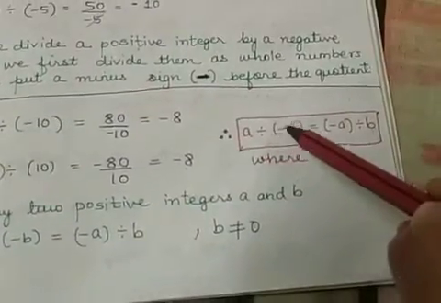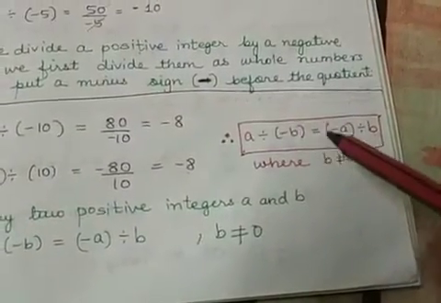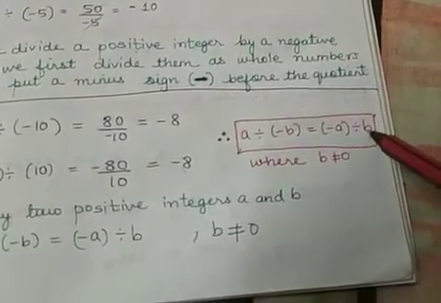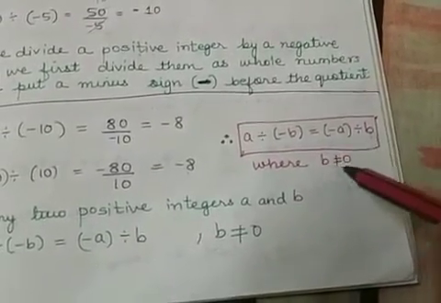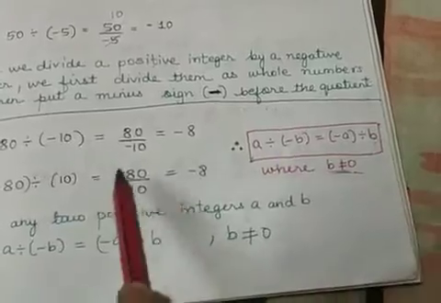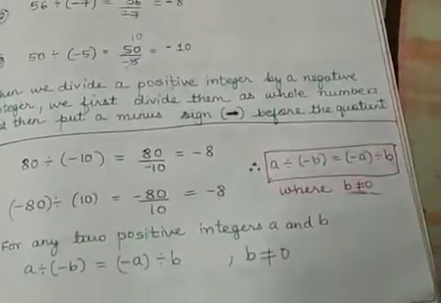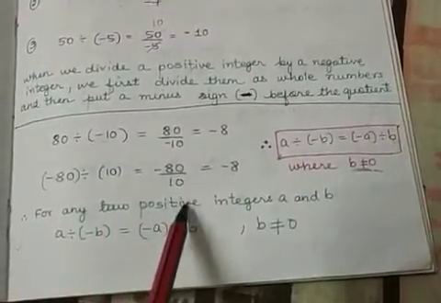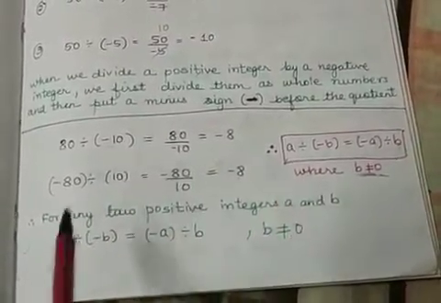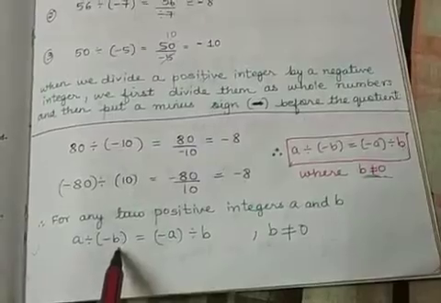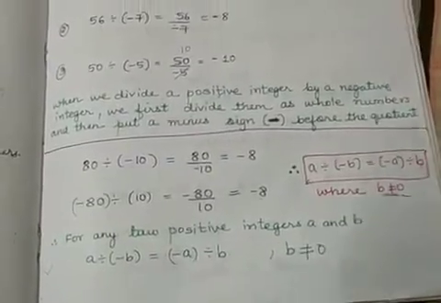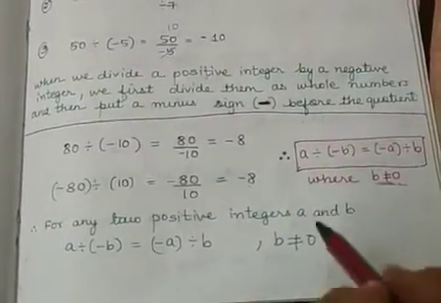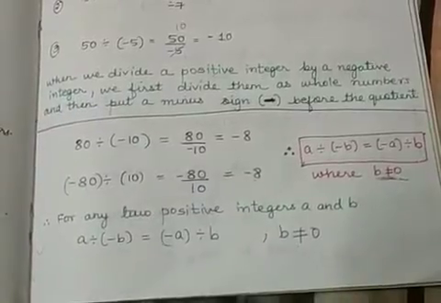So a divided by minus b is equal to minus a divided by b. Another condition is b should not be equal to 0. If your denominator is 0, then the division is not defined. So for any positive integers a and b, a divided by minus b is equal to minus a divided by b with the condition that b is not equal to 0.